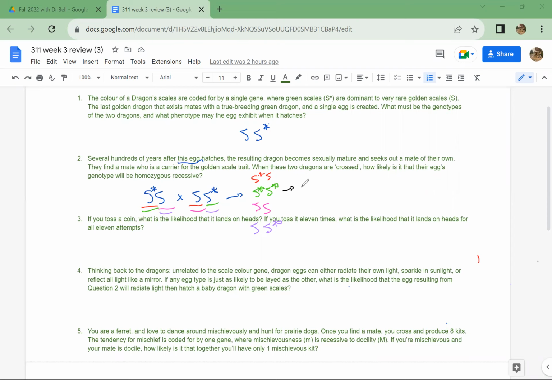So they are a homozygous dominant individual, which we know from the previous question. And we have one individual who is homozygous recessive. And we have two individuals that are heterozygous. They have one of each kind of allele, one star and one unstarred, one plain S allele.